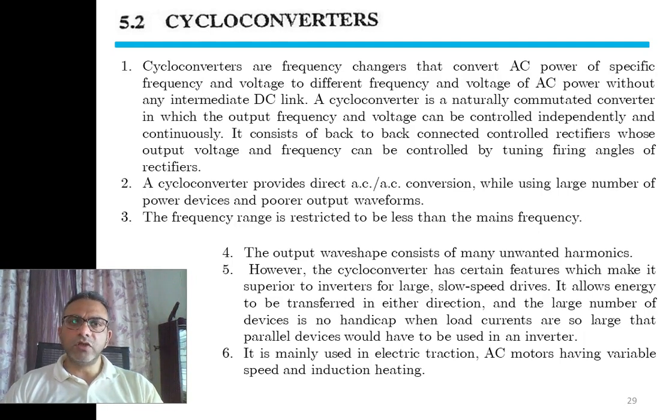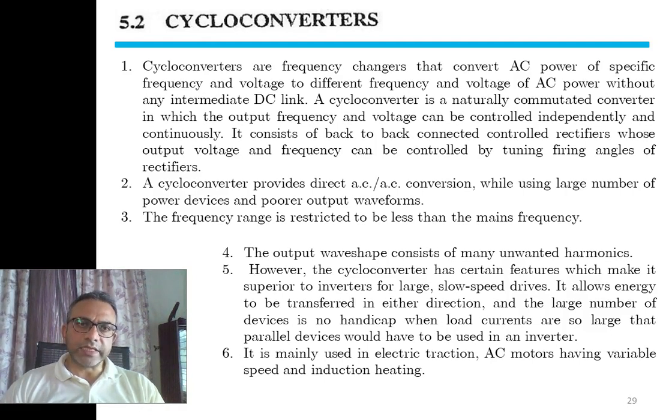A cycloconverter is a naturally commutated converter in which the output frequency and voltage can be controlled independently and continuously. It consists of back-to-back connected controlled rectifiers whose output voltage and frequency can be controlled by tuning firing angles of rectifiers.